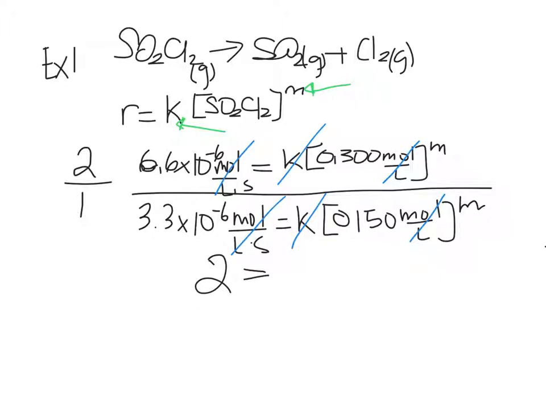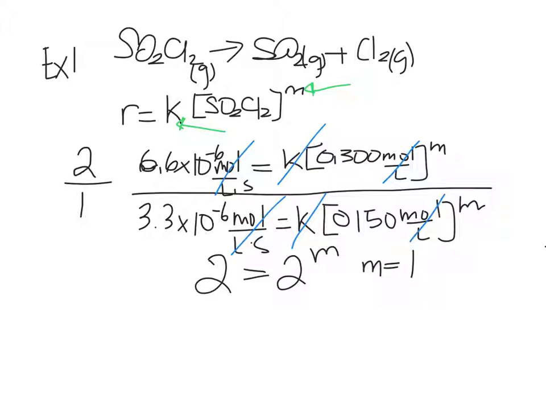And 0.3 divided by 0.15 is 2 to the M. So our exponent M must be 1. 2 to the first power is 2. This reaction is first order with respect to SOCl2.